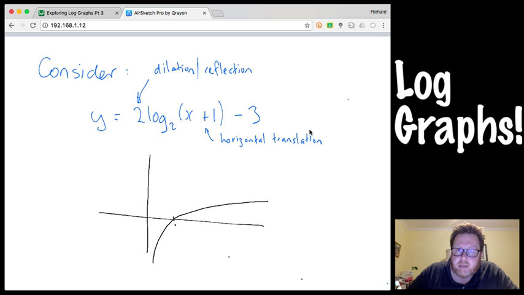So if it says x plus 1, we're shifting, oops, this camera's a reversey camera, so we're shifting that way. We're shifting to the left 1 unit, and if it was negative, we'd be shifting to the right 1 unit. So it's a horizontal shift left 1 unit.